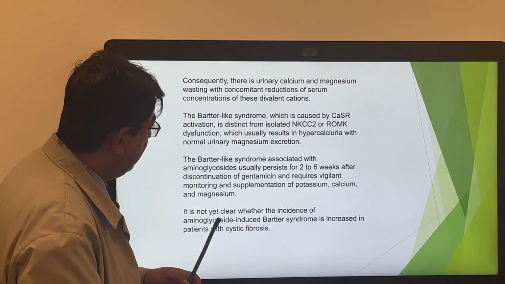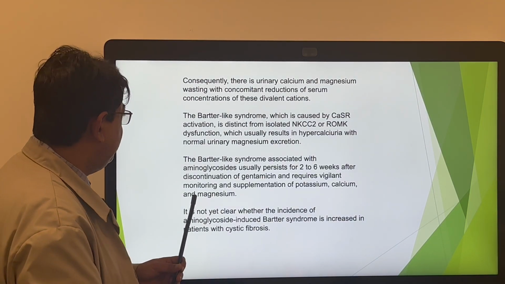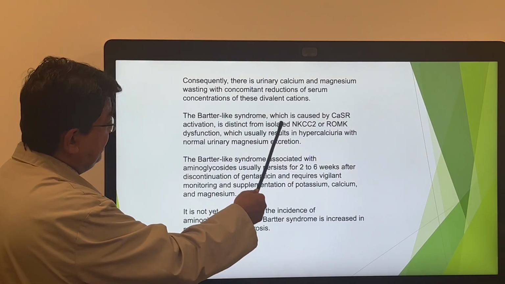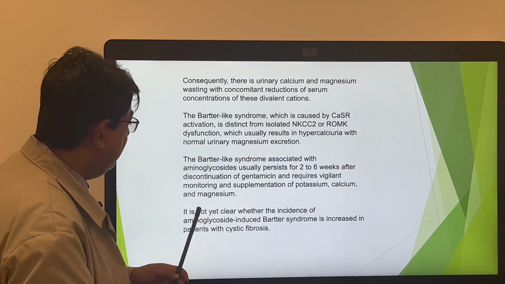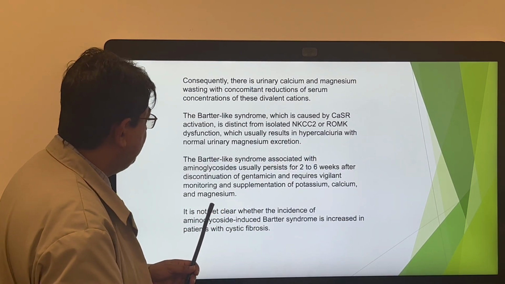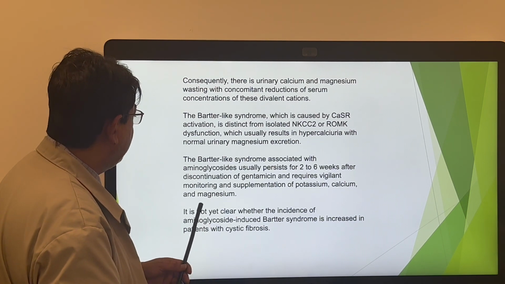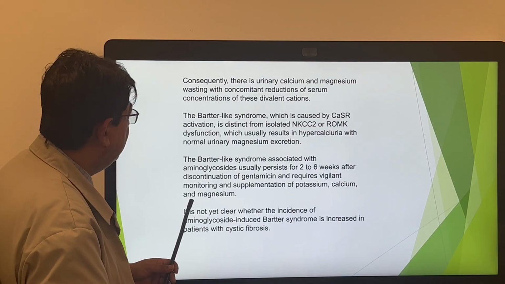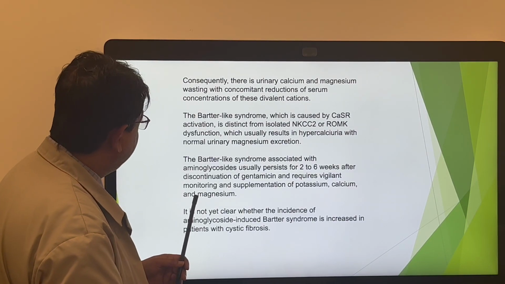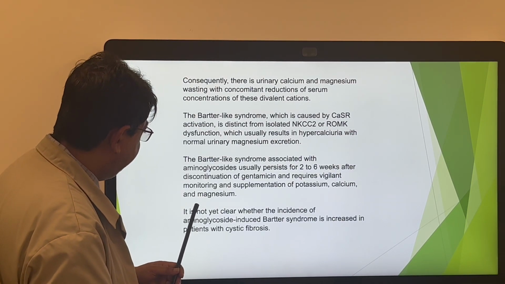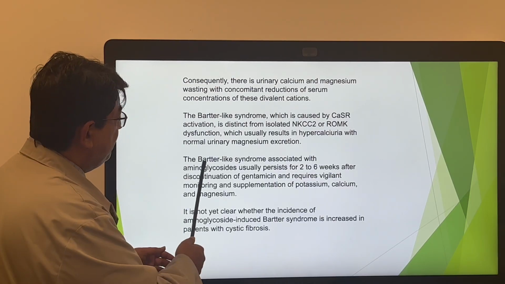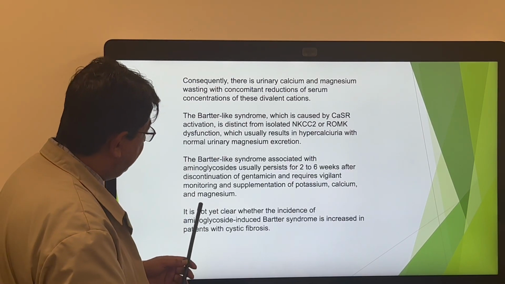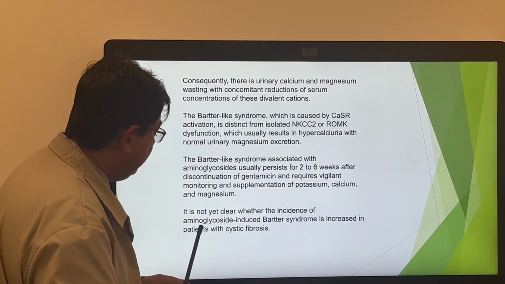Bartter-like syndrome, which is caused by calcium sensing receptor activation, is distinct from isolated NKCC2 or ROMK dysfunction, which does result in hypercalciuria. The acquired form can be associated with urinary calcium and magnesium wasting. Bartter-like syndrome associated with aminoglycosides persists for about 2 to 6 weeks after discontinuation of gentamicin.